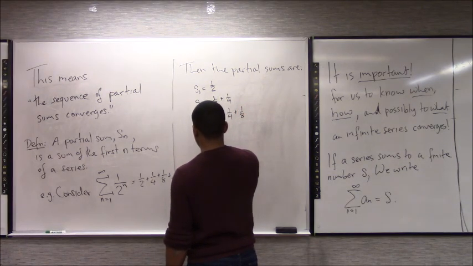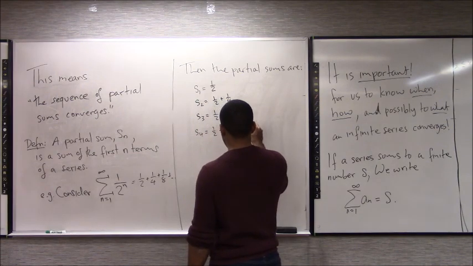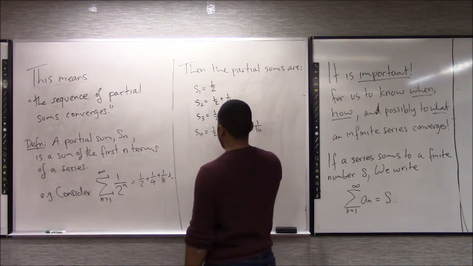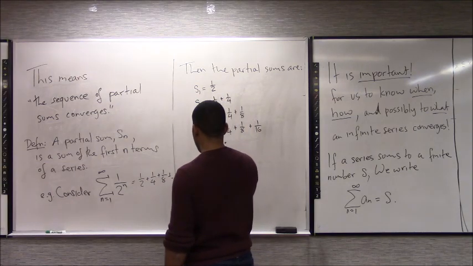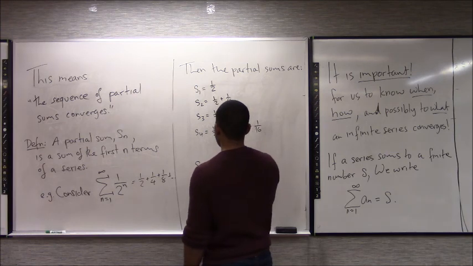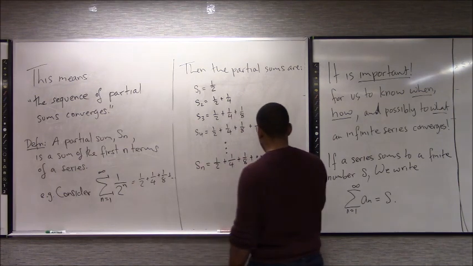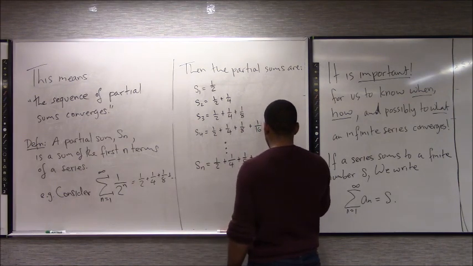I can talk about S4, the fourth partial sum. And etc. And I can talk about, in general, the nth partial sum. It's 1 over 2 plus 1 over 4 plus 1 over 8 plus ... 1 over 2 to the n.